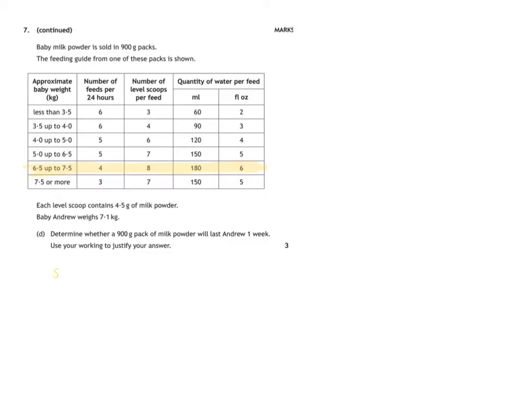So the scoops per week: we've got 7 days, so we're doing 7, and then 4 feeds a day, and 8 scoops per feed. That gives us 7 times 4 times 8. So we need 224 scoops in 1 week.